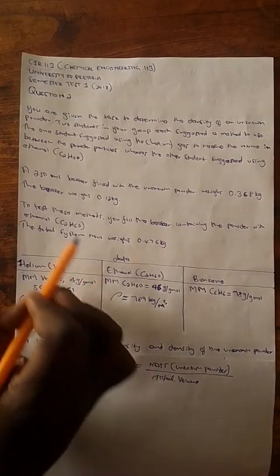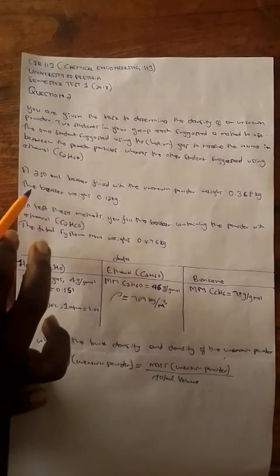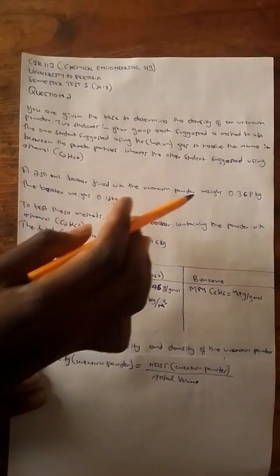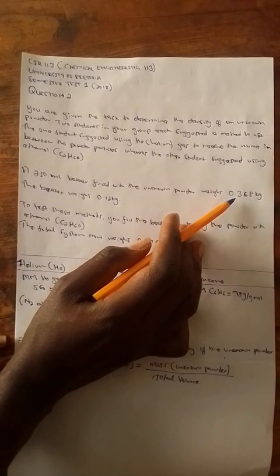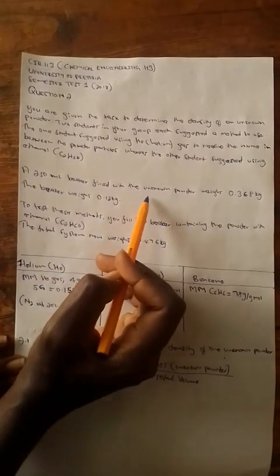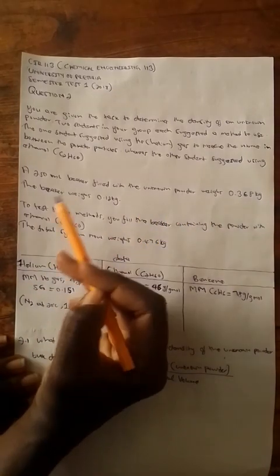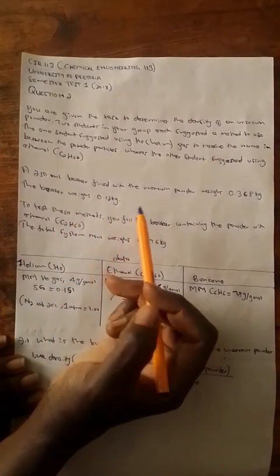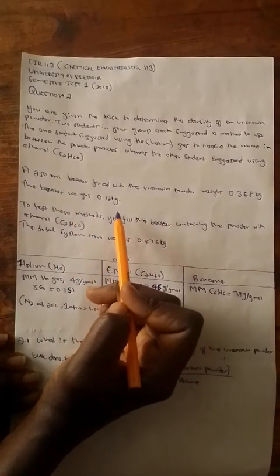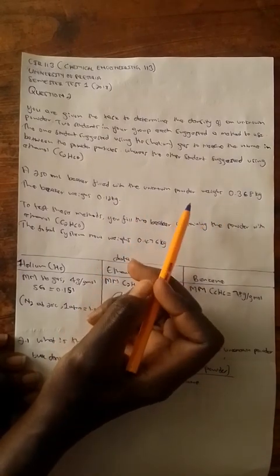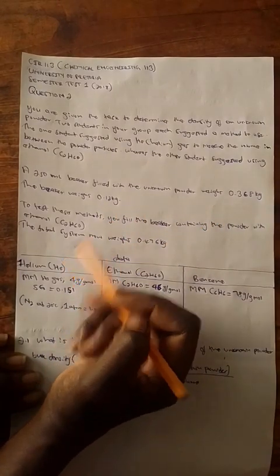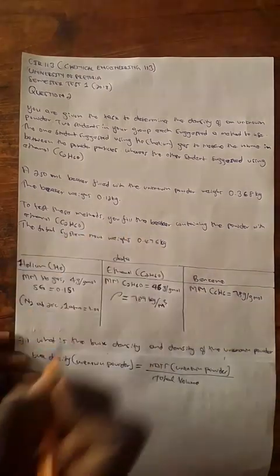However, the information we're given says that the 250 ml beaker weighs 0.368 kilograms, alongside the unknown powder with it. And the beaker weighs 0.12 kilograms, which means the mass of the unknown powder is 0.368 kilograms minus the mass of the beaker, which is 0.12 kilograms.